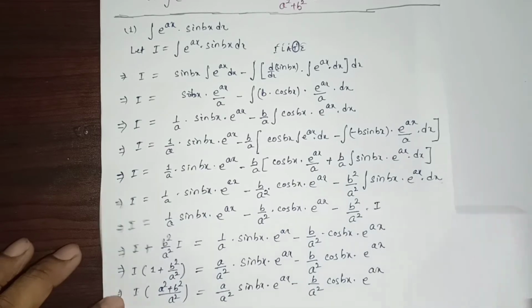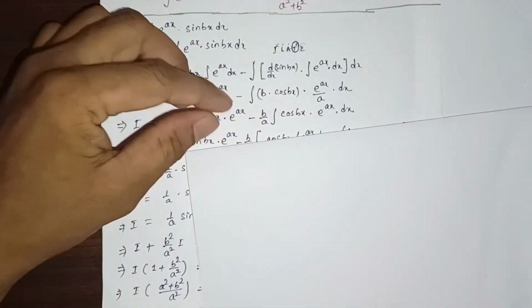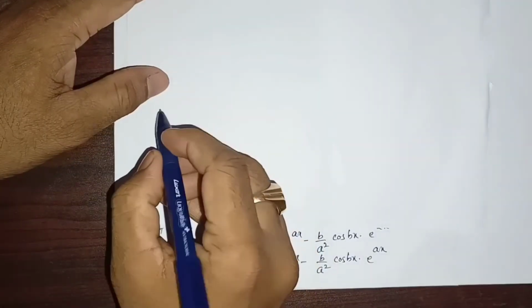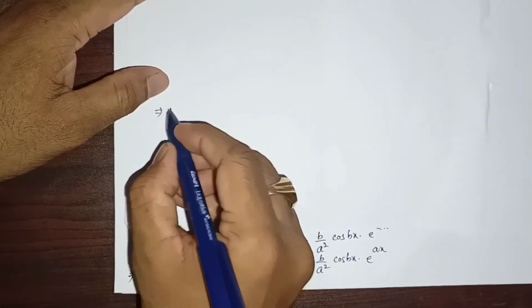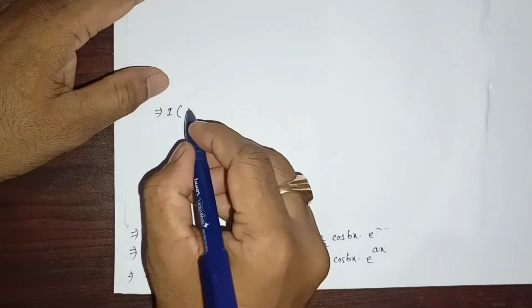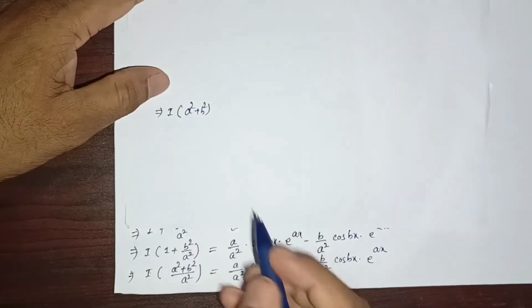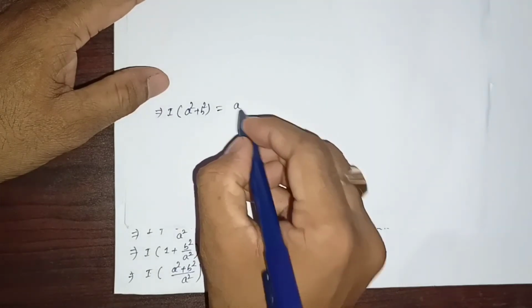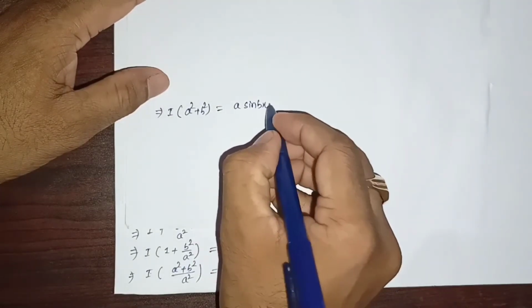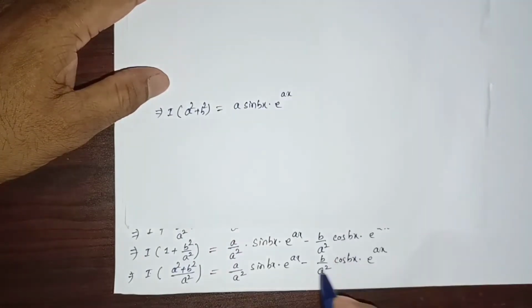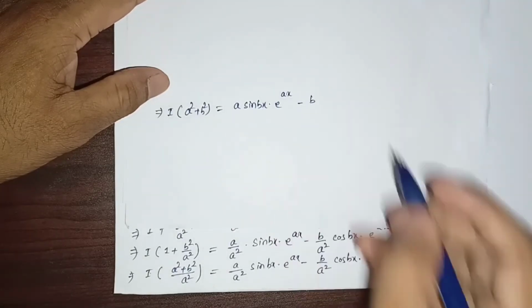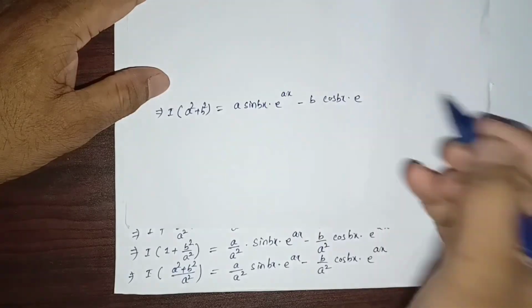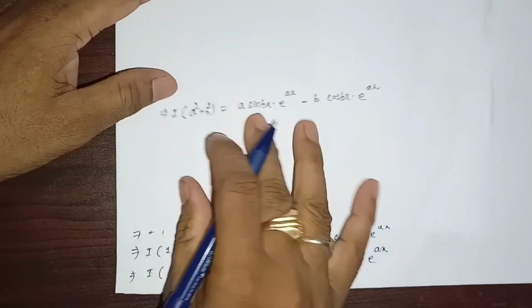So what we are going to get is I into a square plus b square equal to a sin bx into e to the power ax minus b cos bx into e to the power ax.